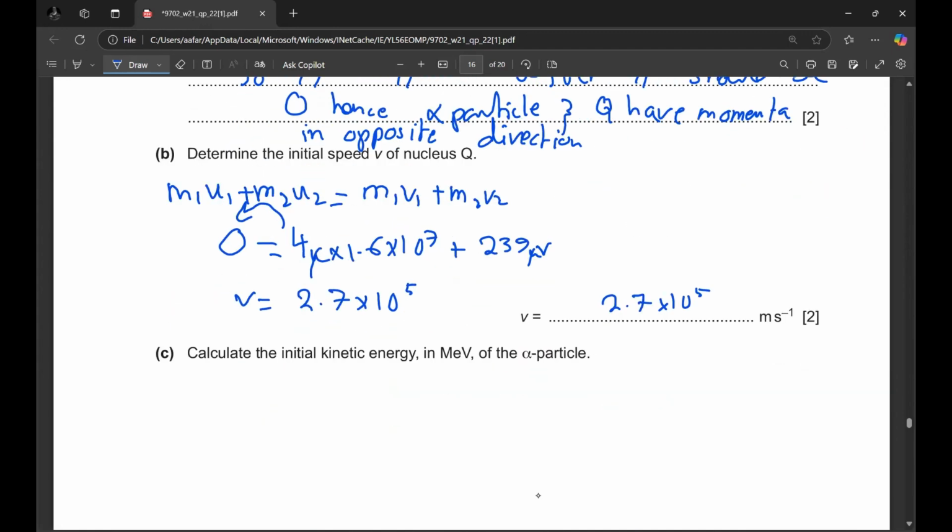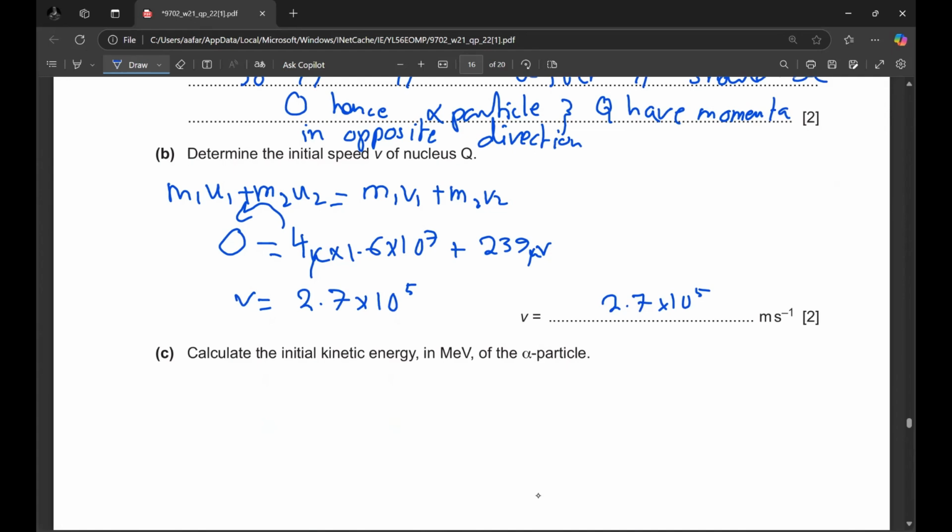Calculate the initial kinetic energy of the alpha particle. Okay.